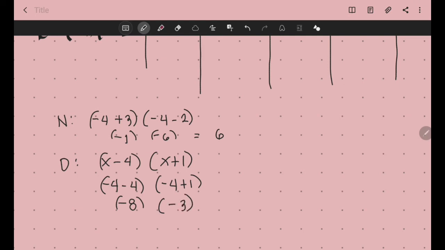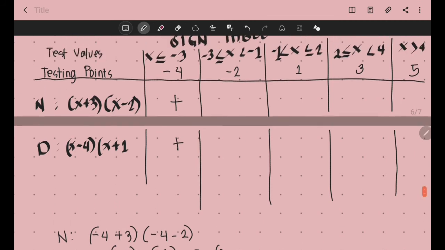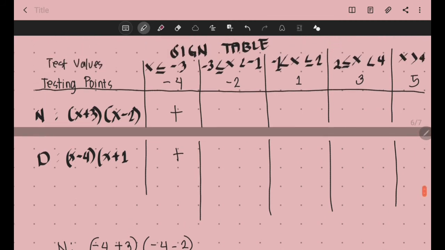So it will result as positive 24. So, since that is a positive 24, sa sign table, ilalagay natin siya as positive. Ibig sabihin, lahat ng possible values of x that is below or less than or equal to negative 3, it will result your denominator positive.